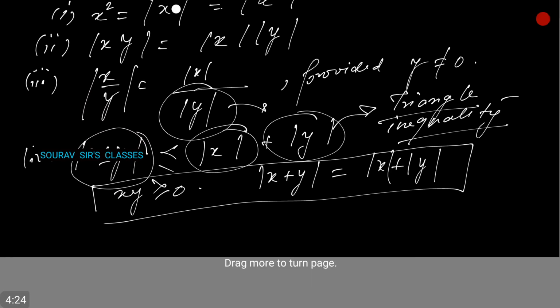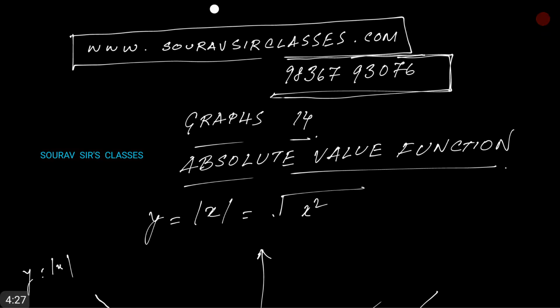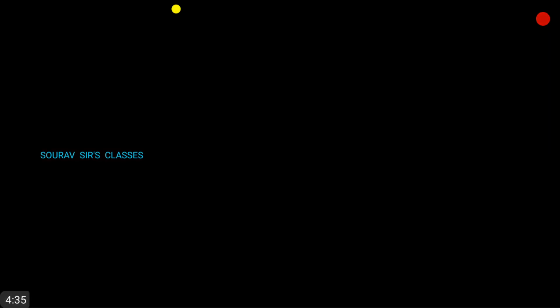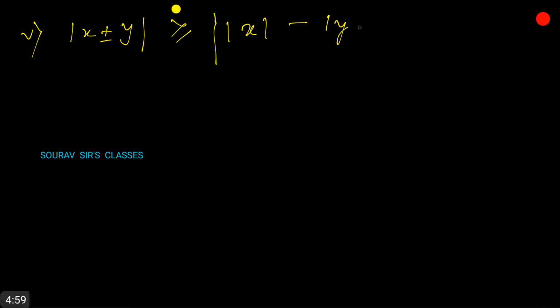And property number 5 we'll move on to. Let me just move on to the next page. It's getting a bit boring, so we just choose yellow. Okay, so this is property number 5, which states that modulus of x plus minus y is greater than or equal to modulus of x minus modulus of y.